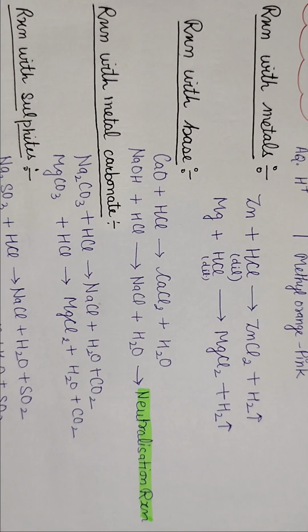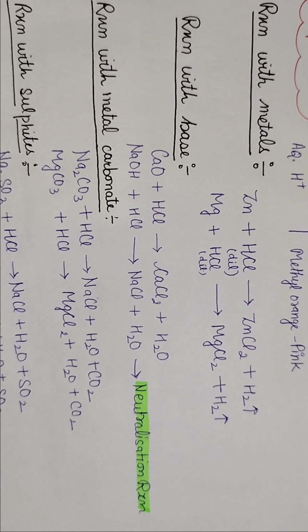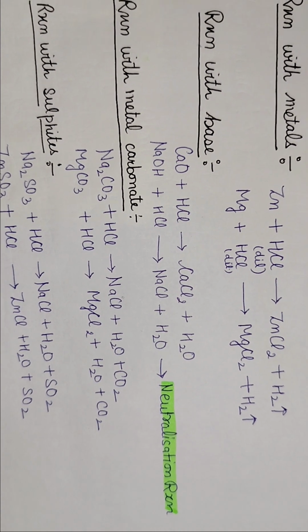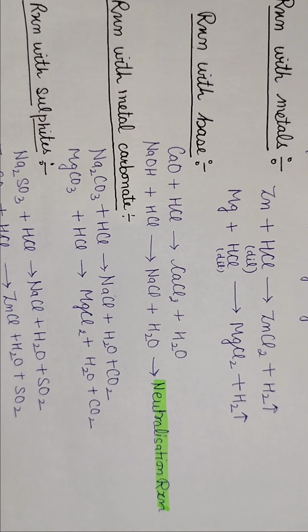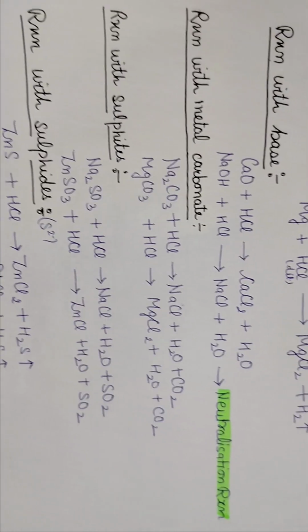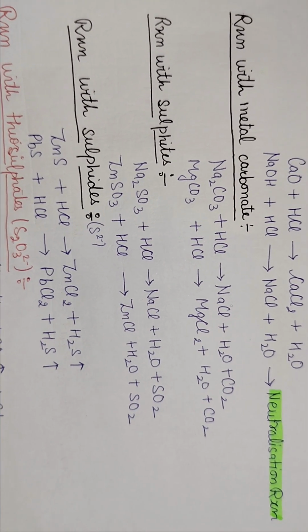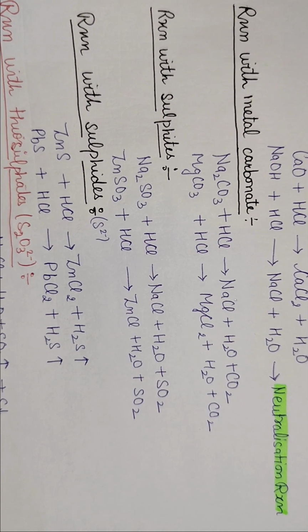Then reaction with metals: it leads to the formation of salt plus hydrogen gas. Whenever it reacts with a base, because it is an acid, it shows a neutralization reaction, leading to the formation of salt plus water. And in the case of reaction with metal carbonates, it will form salt plus water and carbon dioxide.